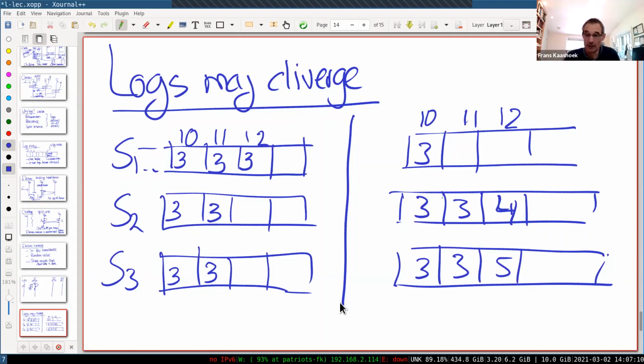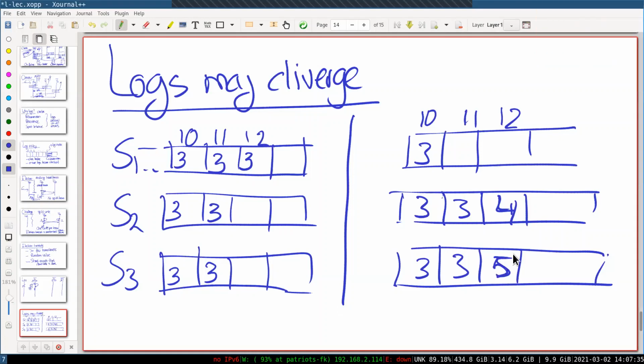Or another way of saying it, maybe S2 crashed right away after it got elected to term 4. And so then there's a timeout. Then let's say S3 was partitioned, but now it's back. And at that point, it can come into term 5, correct? Yeah. Okay, good. So that's possible.